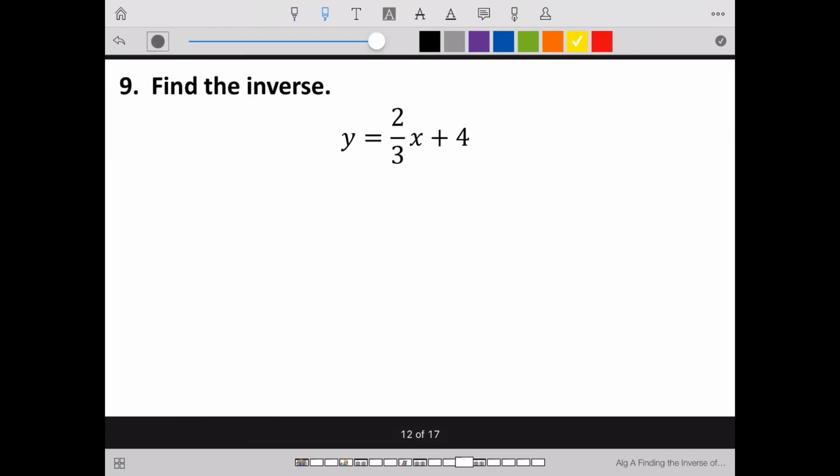Another example. We're going to take our x's and our y's, and we're going to switch them. So x equals 2/3 y plus 4. And now we need to get the y by itself. So I subtract 4 from each side.